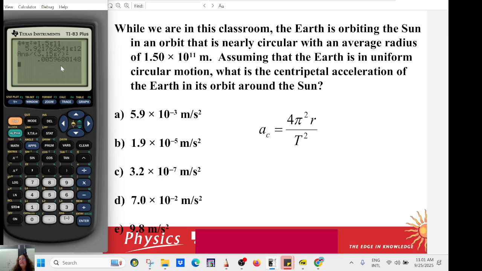The time is how long the Earth goes around the sun, in 1 year. Oh yeah, they don't say that. You're supposed to know. 1 year to go around the sun: 365 days times 24 times 60 minutes times 60 seconds.